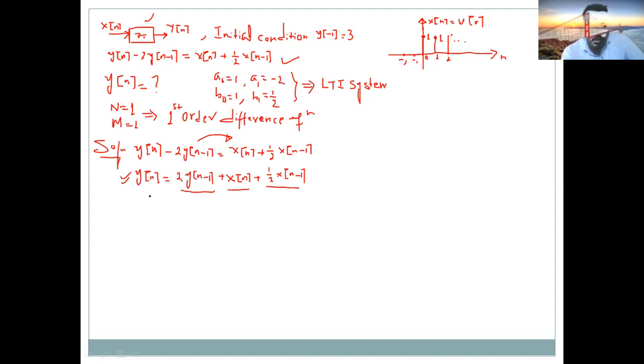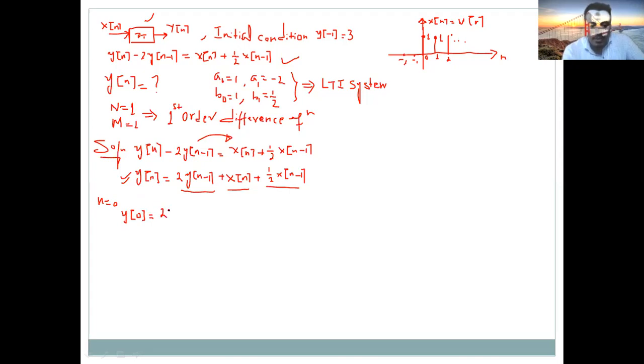So when n is equal to 0, what will be the output? Which means when time is 0, what will be y of n?